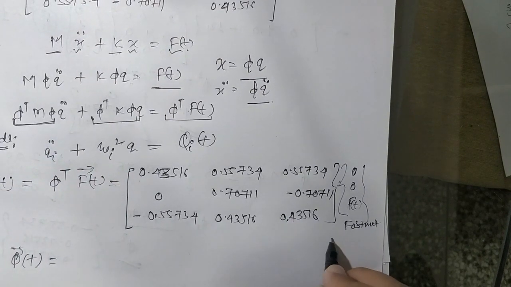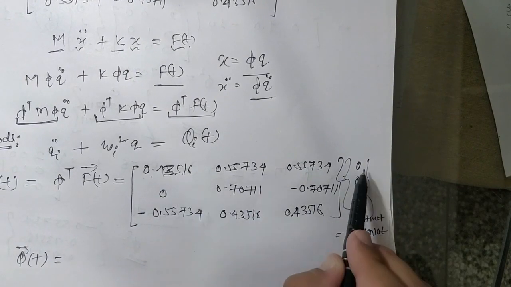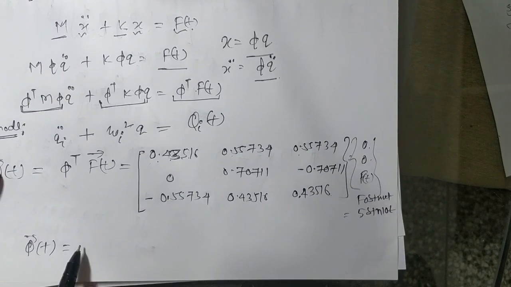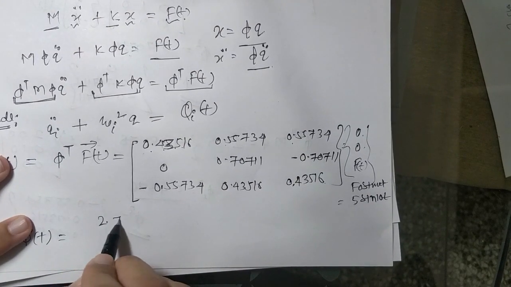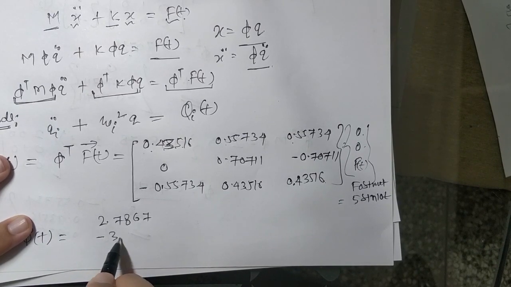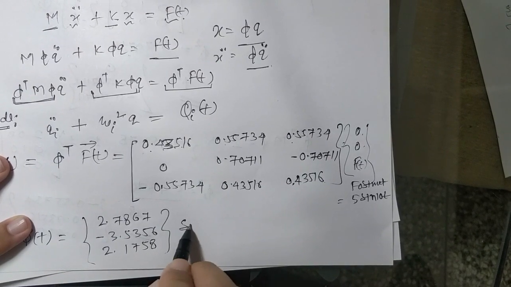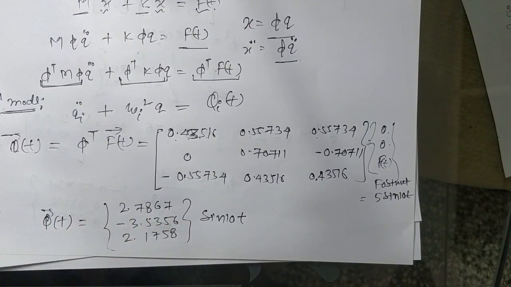So this was 5 sin 10t. If we multiply 0.43560, this is 0, and this with 5, and solve, we'll get 2.7867, then minus 3.5356, 2.1758, and sin 10t. So this is our generalized force vector.